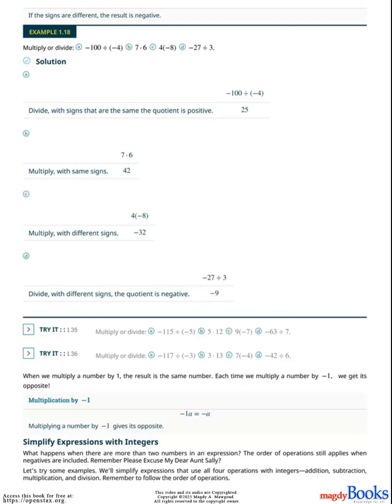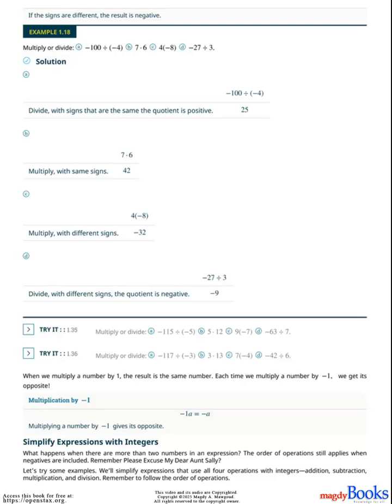Try it 1.35. Multiply or divide. A. Negative 115 divided by negative 5. B. 5.12. C. 9 times negative 7. D. Negative 63 divided by 7.